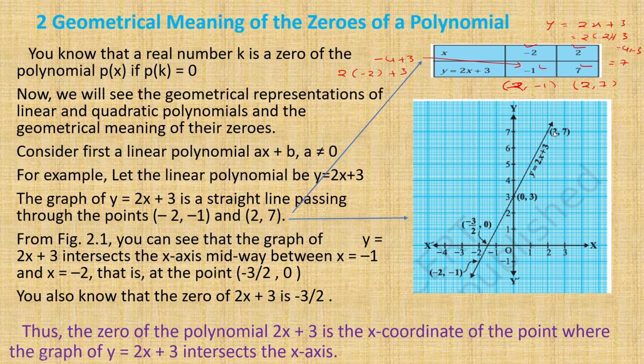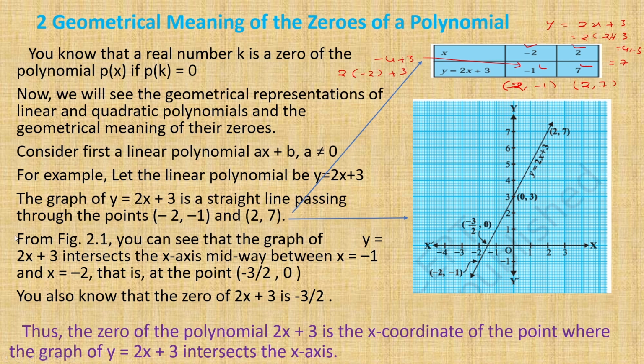By joining these two, we get a straight line which is y is equal to 2x plus 3. This is the graphical representation of a linear polynomial.